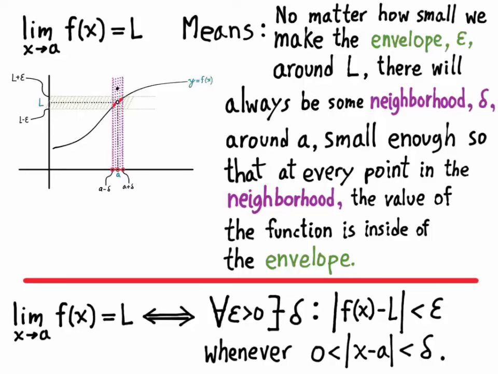This is the definition of the limit as x approaches a of f of x equals L. And you could see it's something that will take some time and some practice to get used to. Don't expect to just read it and understand it right away.